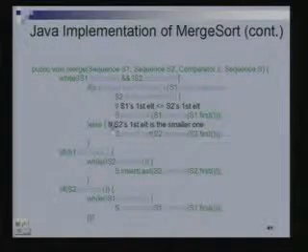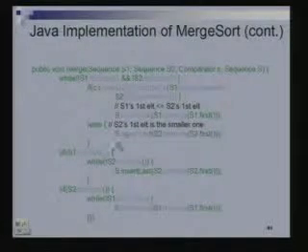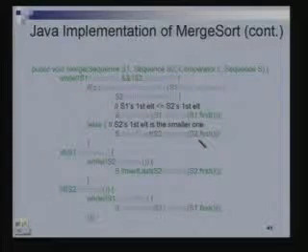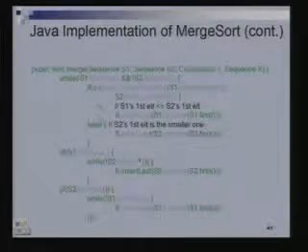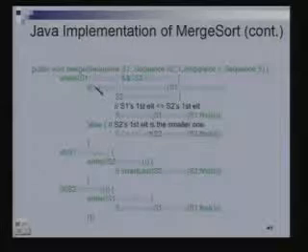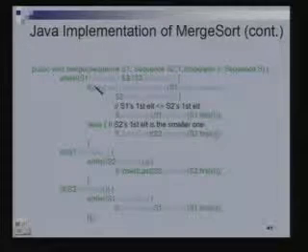You are essentially repeating this. If this is not true, then you remove the first element of S2 and insert it into S, and you keep repeating this till either S1 or S2 becomes empty.